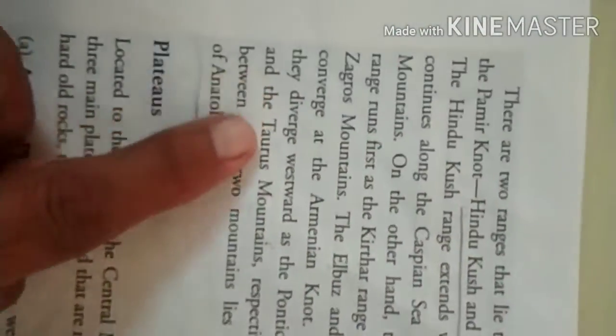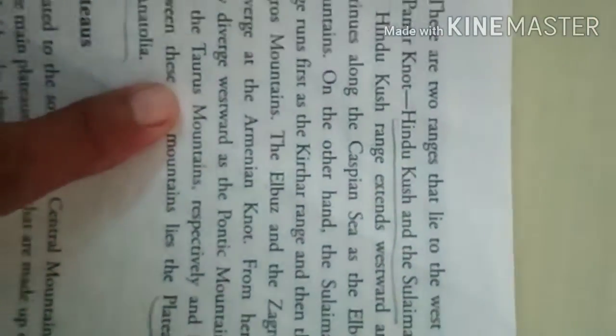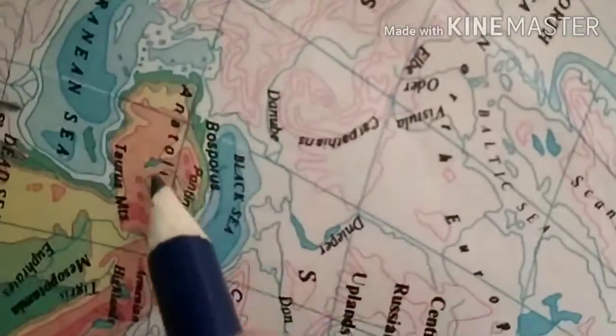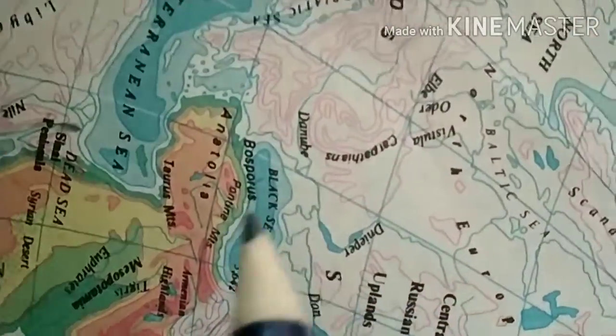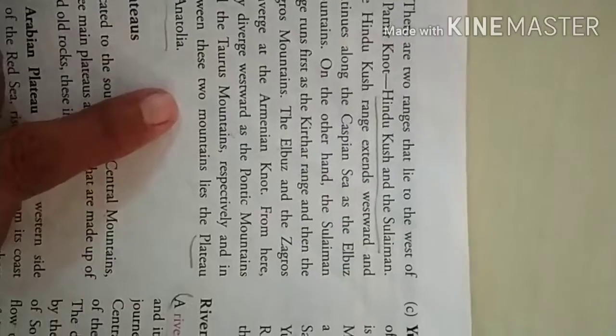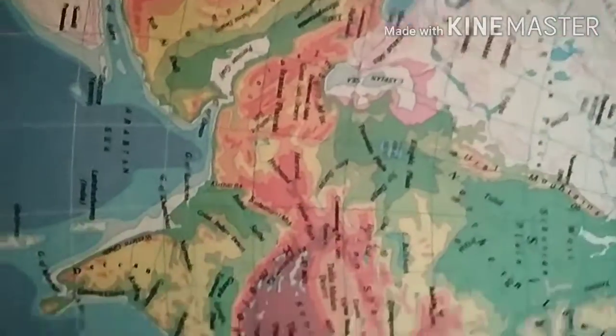From here they diverge westwards as the Pontic Mountains and the Taurus Mountains, and in between lies the plateau of Anatolia. And that's all about Central Asia.